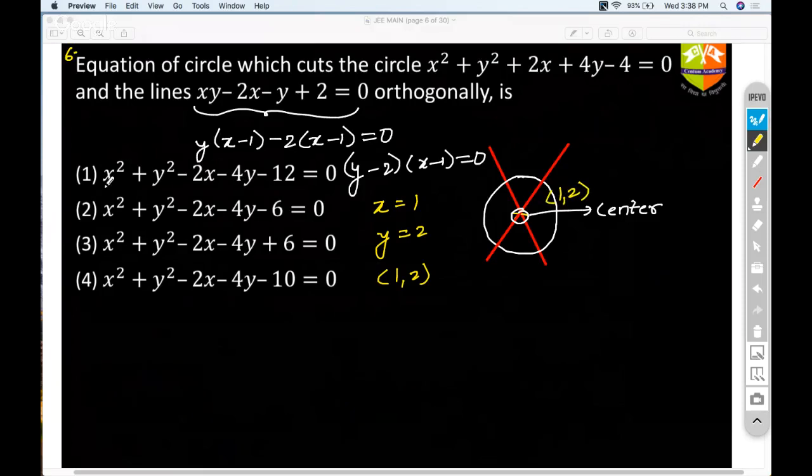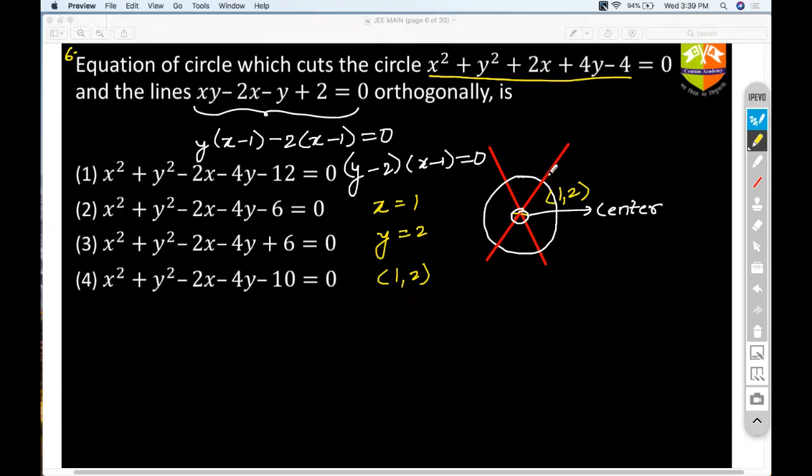Now, unfortunately, all the options given to us have centers at 1 comma 2. So this is not going to help us to that extent. So we need to now move on to check what should be the radius of that circle. Now, the radius of the circle that we are looking for should be such that it cuts this circle, basically the tangent drawn at the point of intersection must pass through the center, right?